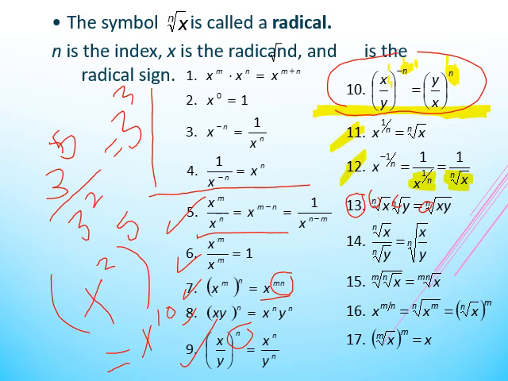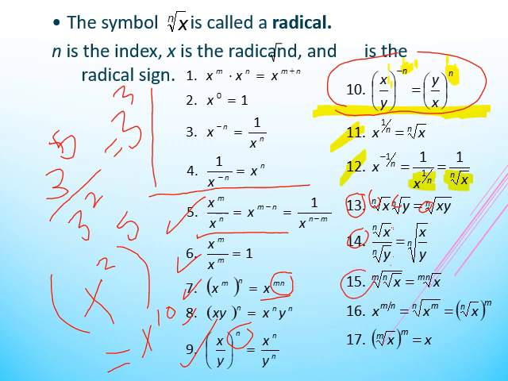Take care, we don't multiply the indices by each other, we just take it as a common factor. So the result will be the root of x times y with index n. The same applies if we have a fraction. If we have two different bases x and y with the same index n, we can take the common index n of x over y.